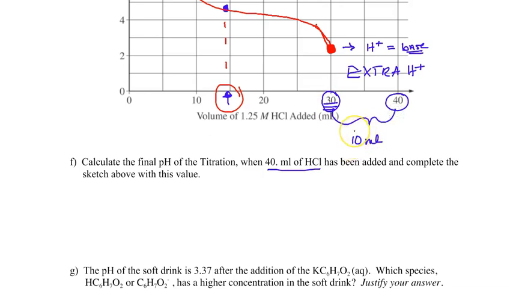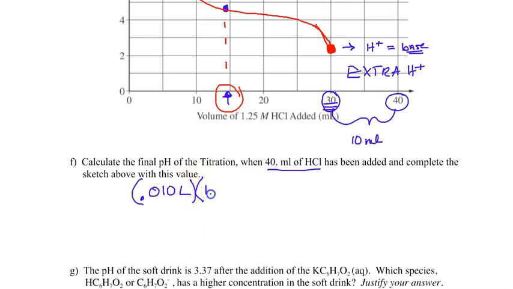Okay, let's go find out how many moles of acid that was for that concentration. Let's go find its concentration of H pluses. And once I find that, I can easily find a pH by doing negative log. So I'm going to take 0.010 liters. I'm going to times it by the molarity, so I have to be in liters. I'm going to times it by the concentration of the acid.